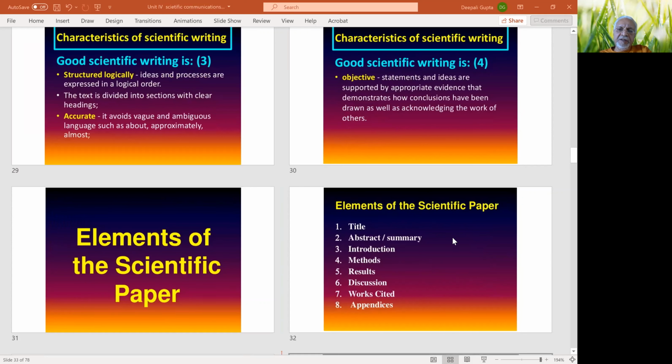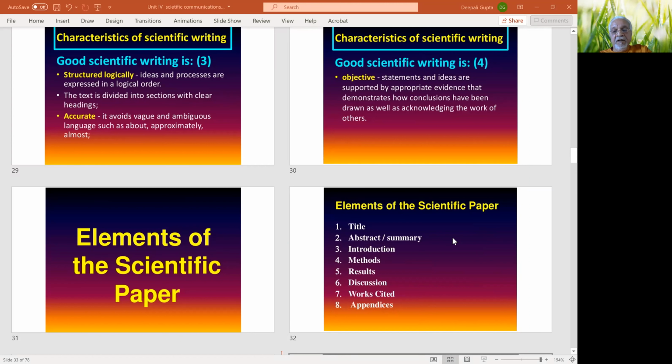And I told you that each scientific paper has to be written under the following headings. There has to be a title, an abstract and summary towards the end, an introduction, methods, materials and methods, results, discussion, and the work which you refer to in support of your own logic, observations and conclusions.